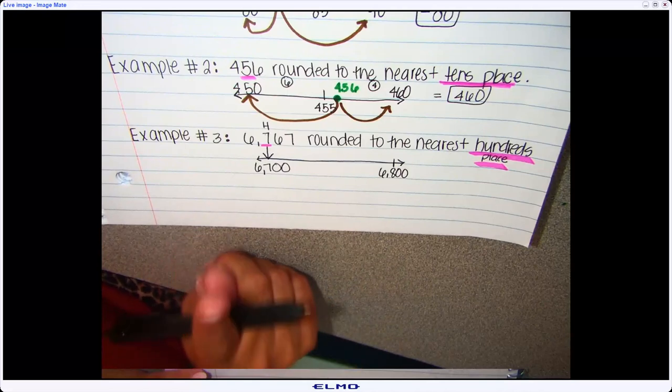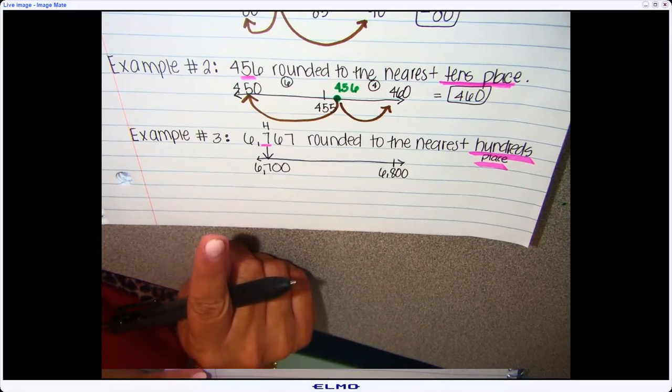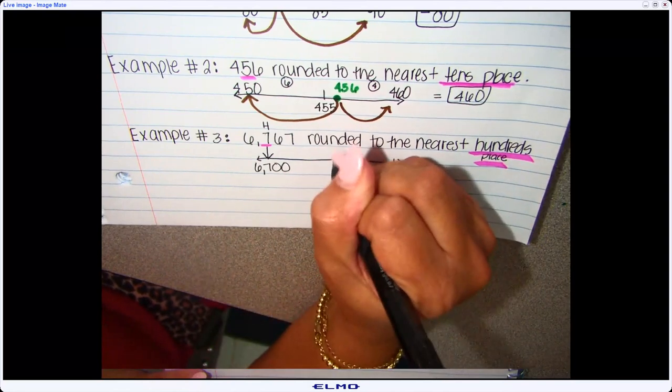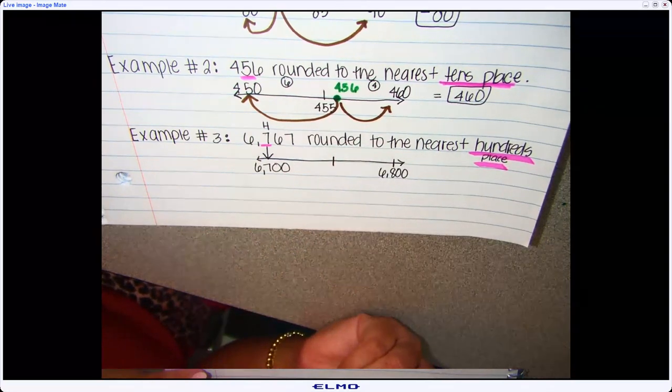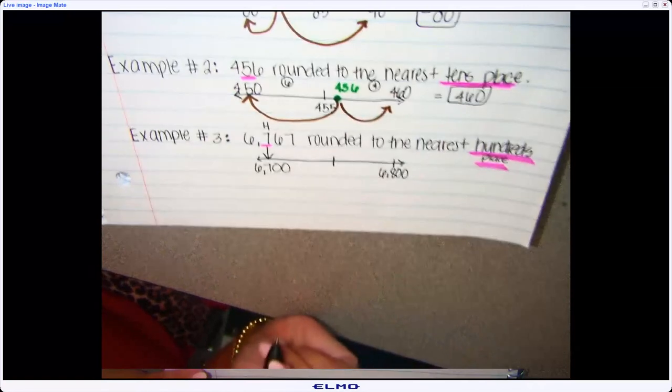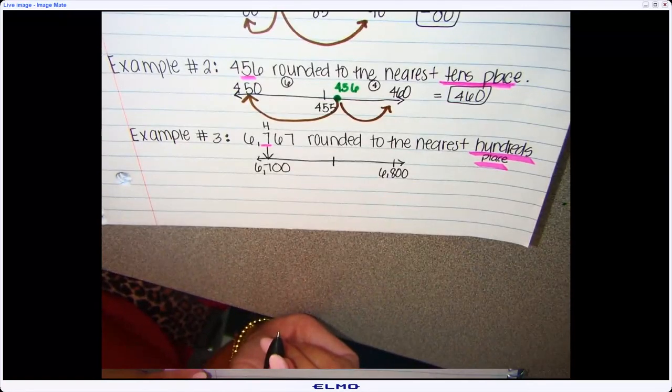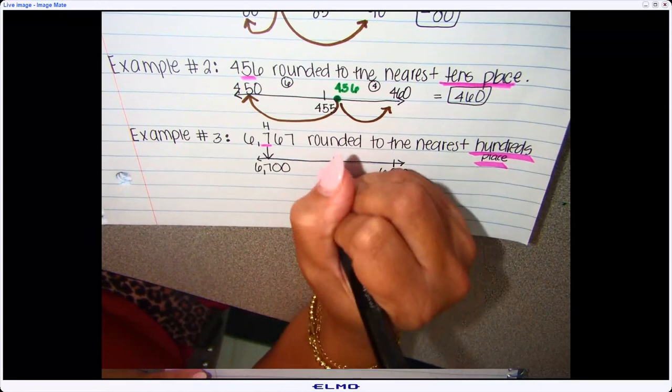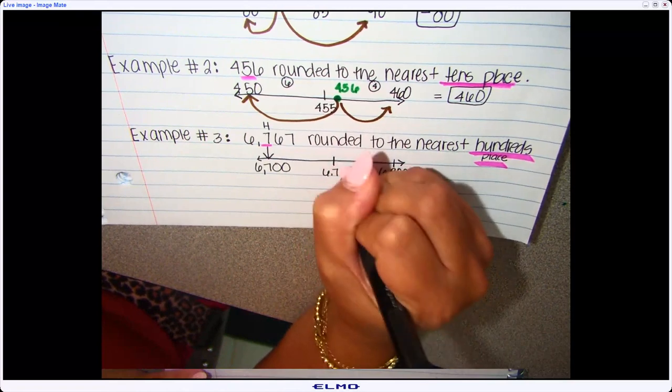But before I can solve this, what do I have to do? The number that is between. So what number is between? 6,750. There we go. We have to think before we speak.